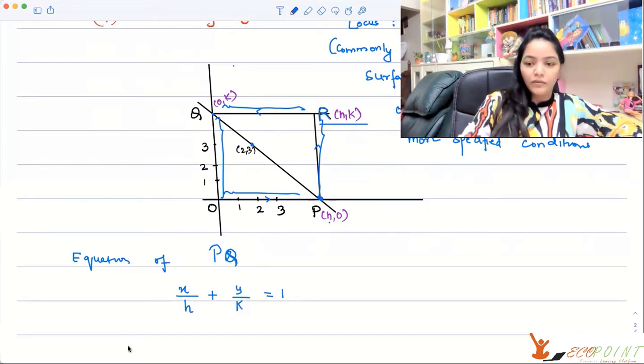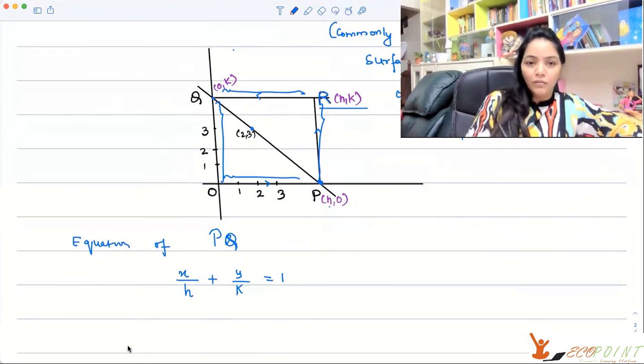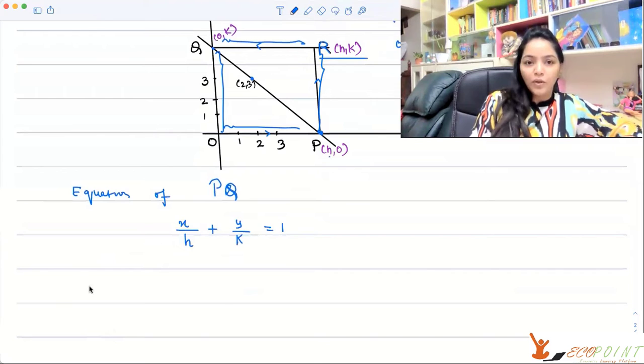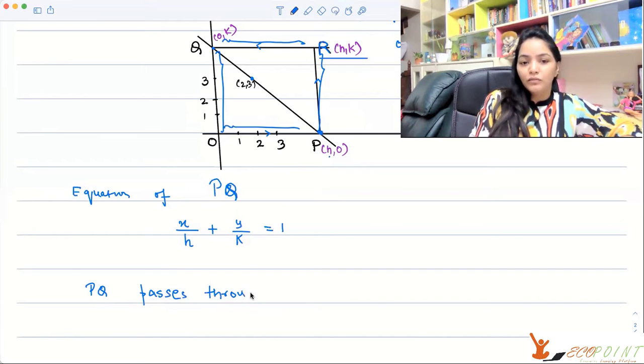Now, what else is happening? This line PQ passes through... All the X, Y's, when you have X here, Y here, that means whatever value of X and Y will be there on this line, it will satisfy this equation.